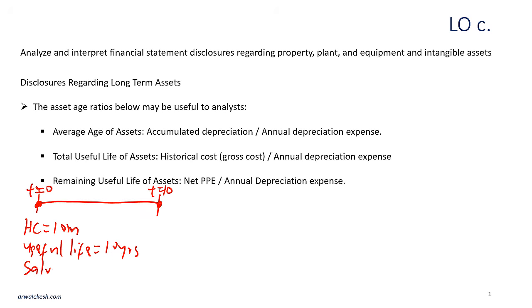Let us also assume that the salvage value, which is also known as scrap value of the asset, is 0. The salvage value could also be called the residual value.